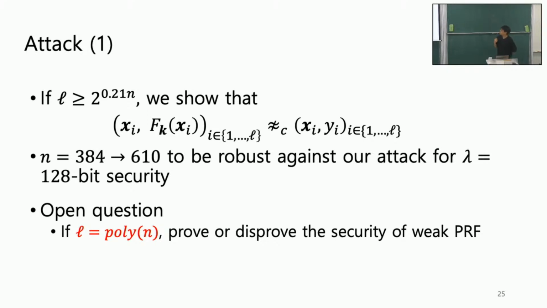There is an open question: since our tag requires exponentially many samples, the security of a weak random function fk of x with polynomially many samples remains an open problem.